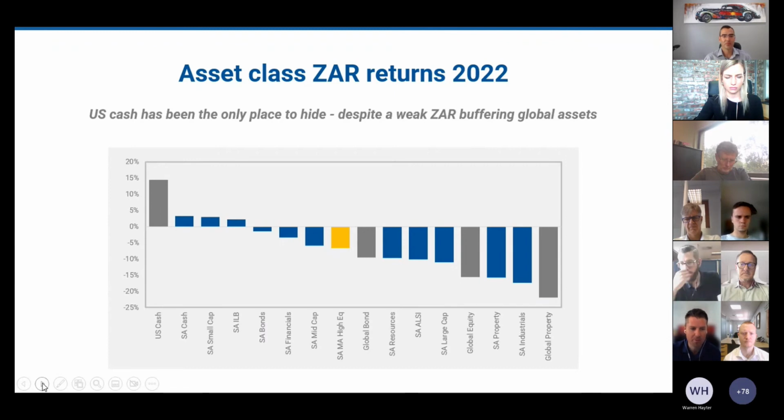So it's only the people who've been very, very conservatively positioned, and I'd argue most of those people would most likely have missed out on a lot of the gains that we had last year. So over a 2-year period, maybe not looking as pretty, but for this year, that's where the returns have been generated.